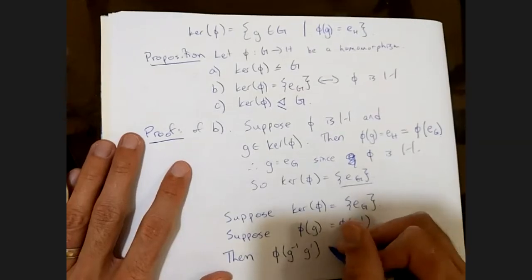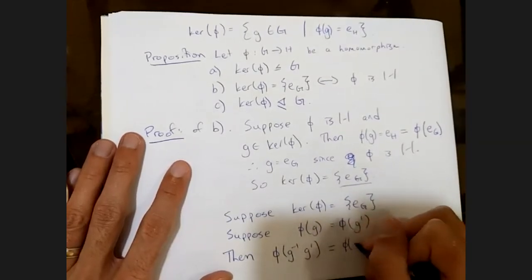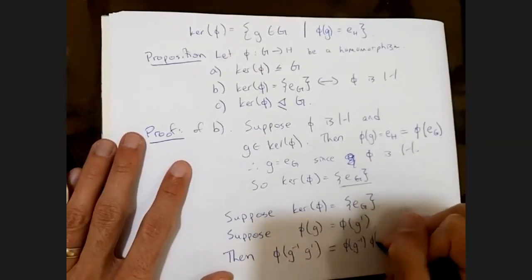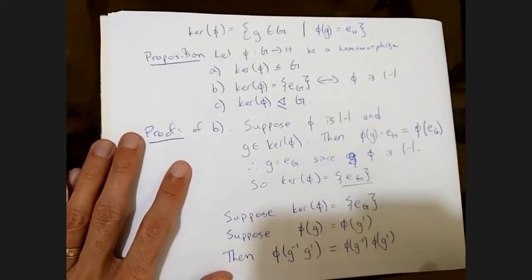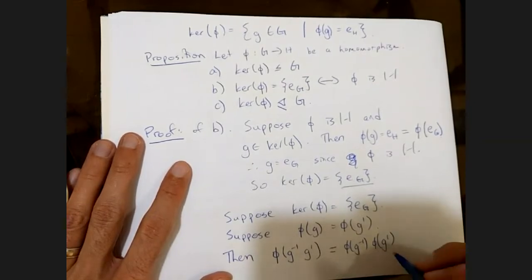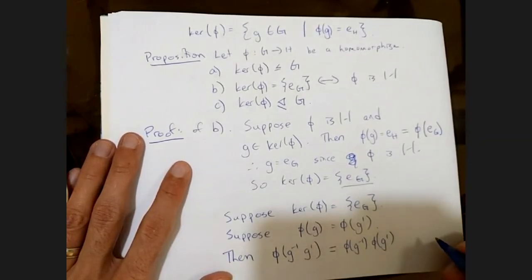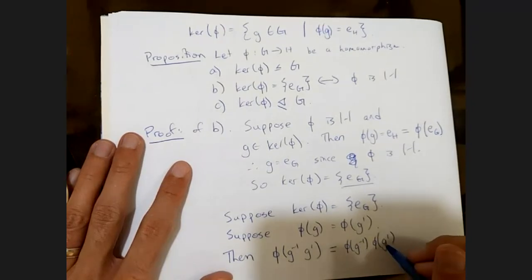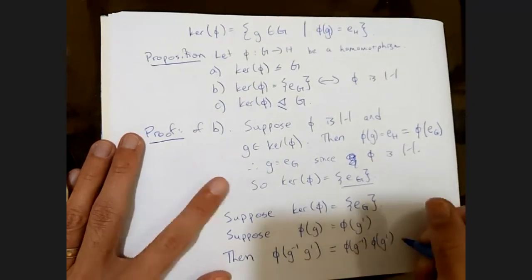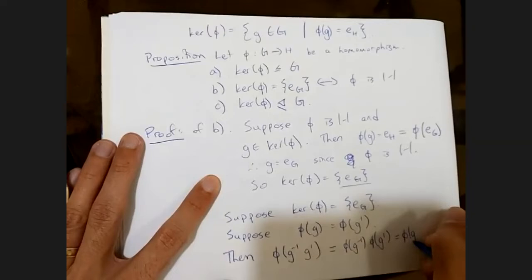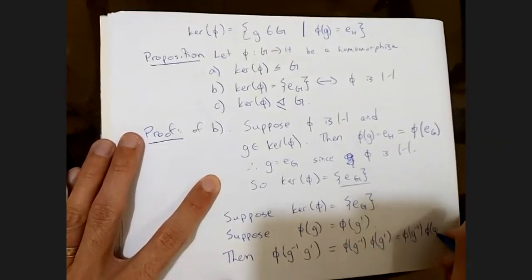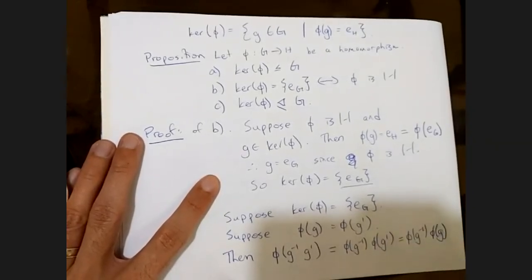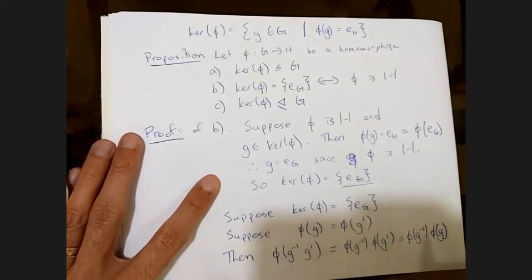What is that? Well, that's just phi of g inverse times phi of g prime. Phi of g prime is the same as phi of g, because phi of g equals phi of g prime.